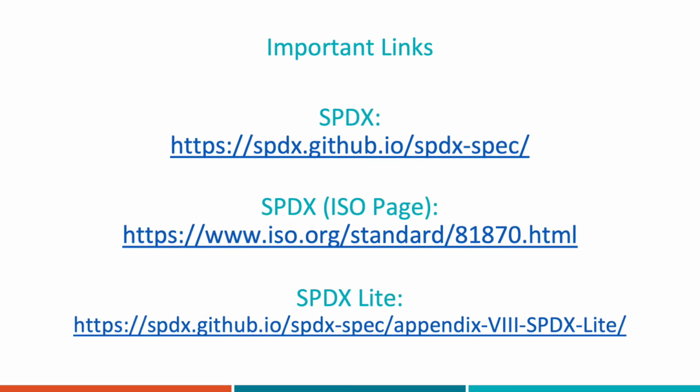You can find SPDX on the ISO pages as well. And of course, there's SPDX Lite, which is the minimal subset I mentioned earlier. We're talking about a very small subset of SPDX to get started quickly if you want to have human and machine readable stuff from the ISO standard ISO/IEC 5962.